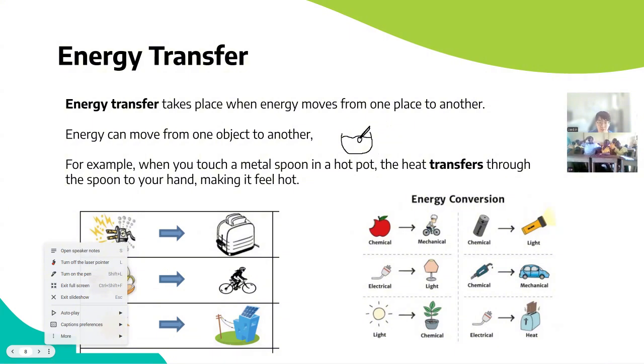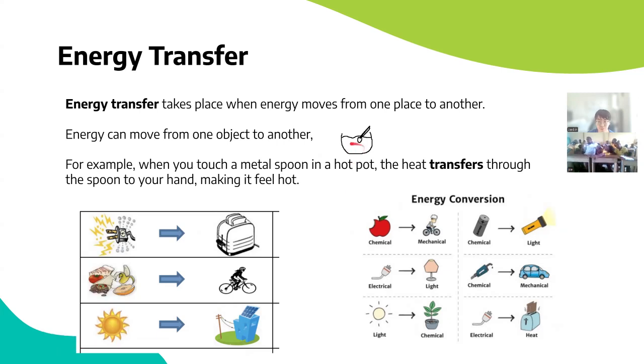And that is because the heat from the water was transferred to the metal spoon. And there are many different sorts of transfers happening all around the world. So you can see electricity powering any sort of device, for example, a toaster that helps it produce heat.